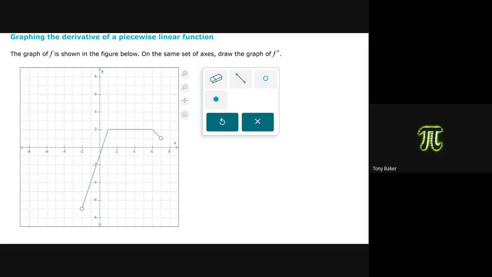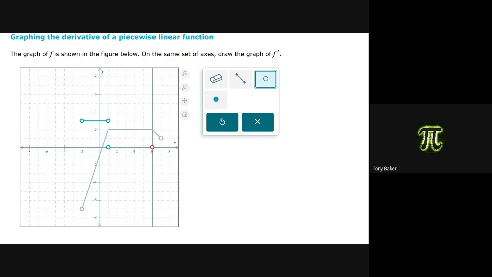All right, what about this one? First line, so 3. So we're going up 3, right? So I have an open dot at 3 to there. It's there to there. What's the next part? What's from here to here? 0.